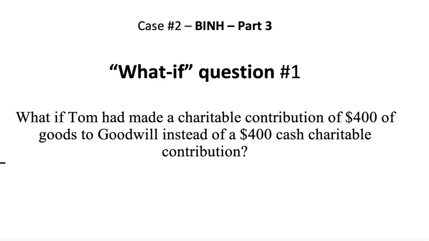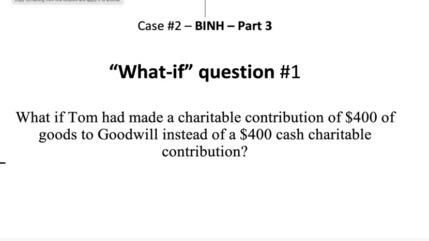Well, this is an easy question because the answer is that Tom wouldn't have been able to take that charitable contribution, the one that shows up on line 12B of the Form 1040, because you can't take that deduction for stuff. If Tom had itemized, if he had a whole bunch of things that improved his situation by itemizing rather than taking the standard deduction, then a charitable contribution in the form of stuff, goods, whatever, can in fact be useful.